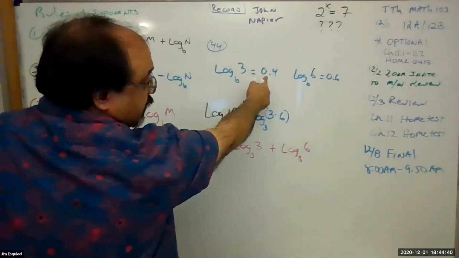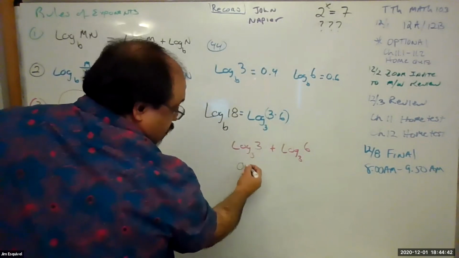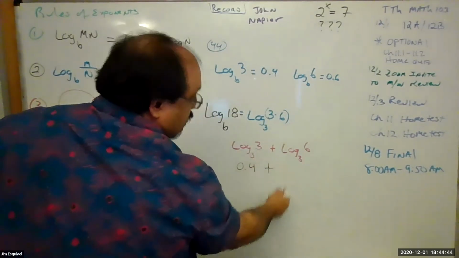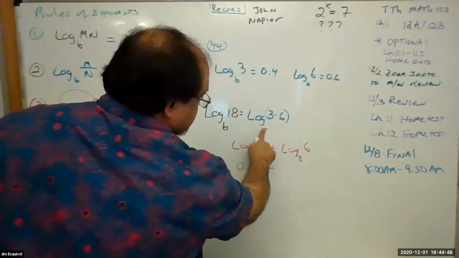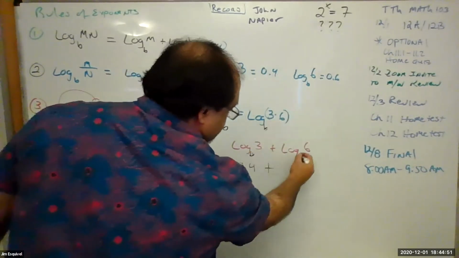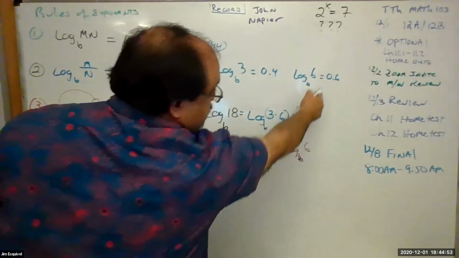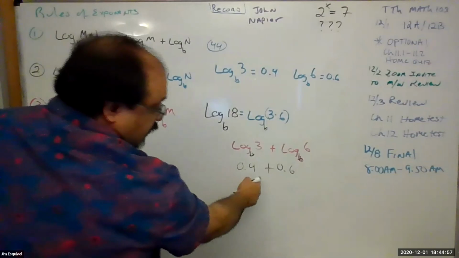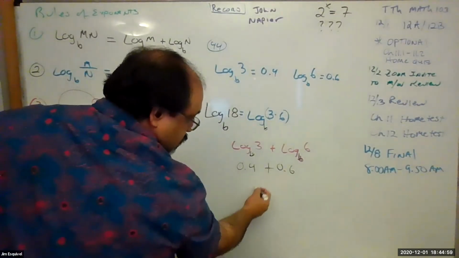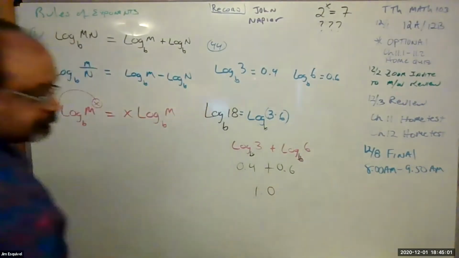Log base b of 3, that's 0.4, plus log base b of 6, whoops, these are b's, that's 0.6. So the whole thing is 1.0.